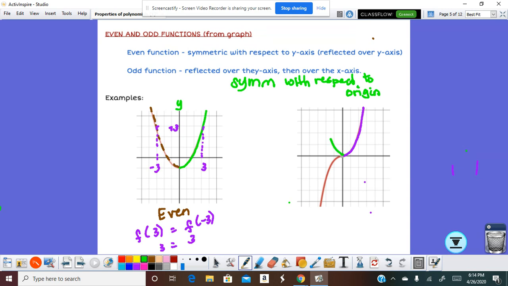So you'd have something like this, right? I just extended it up here. So that is the reflection over the y-axis. And then this part of the graph is reflected over the x-axis. Therefore, this one here is an odd function.